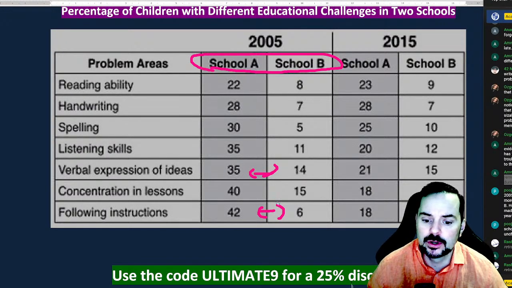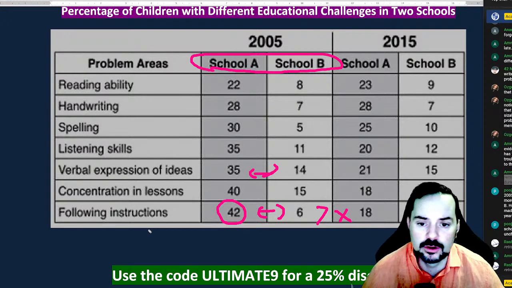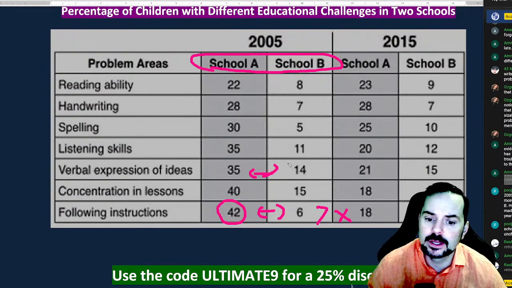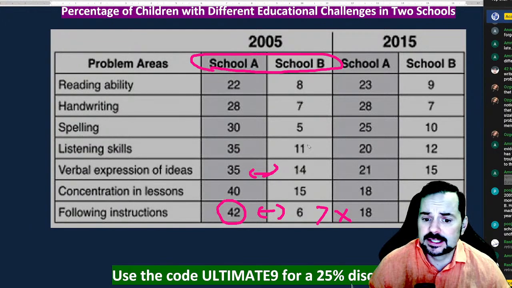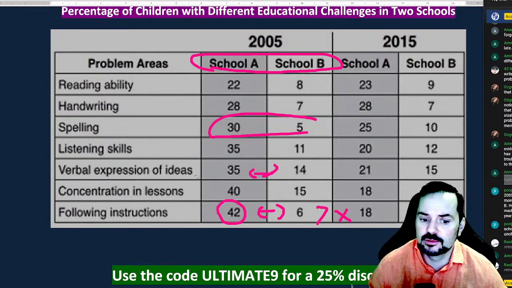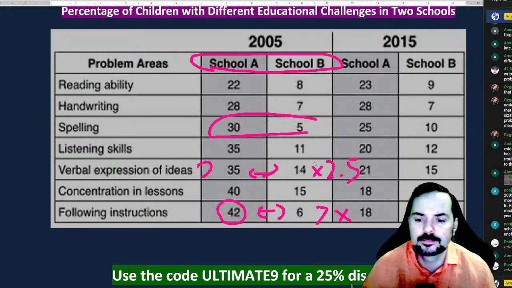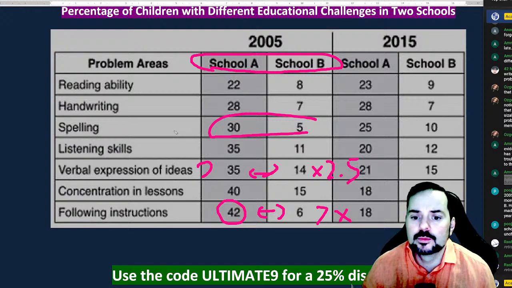So here we can see that there's 7 times more students having a problem following instructions in school A than school B. And the least difference is maybe in these 2 points here, verbal expression of ideas, where it's still more than 2. Okay, so it's like 2.5, right? So that's what we notice first of all.